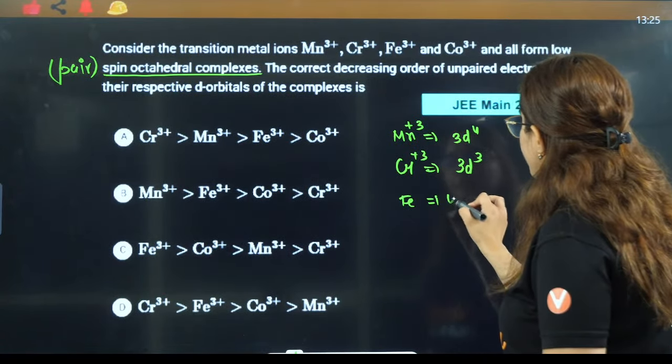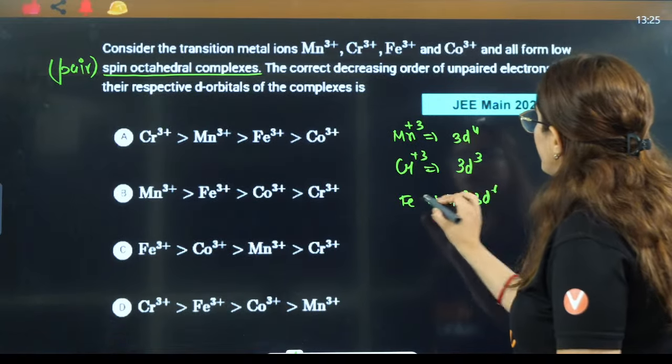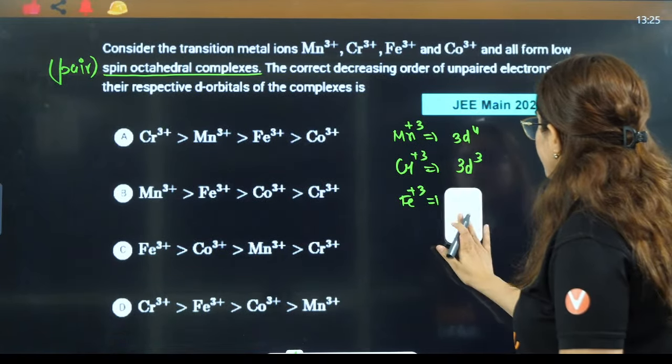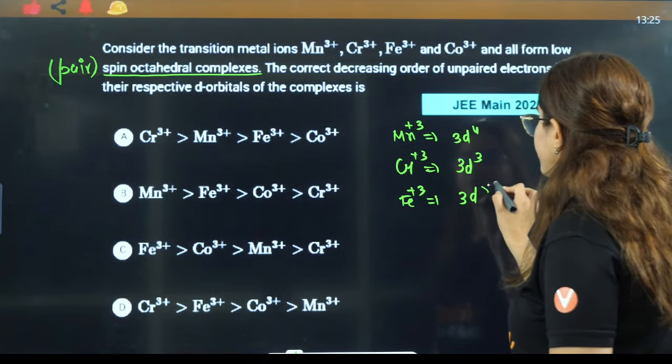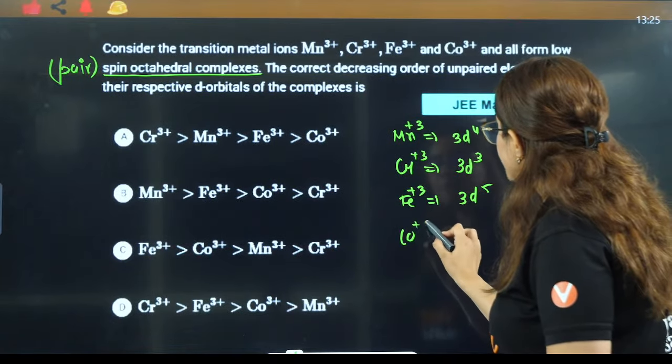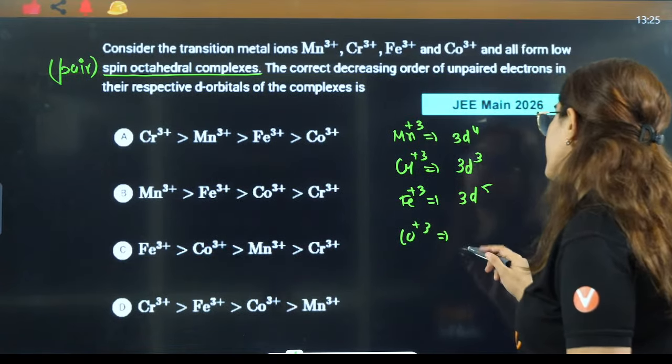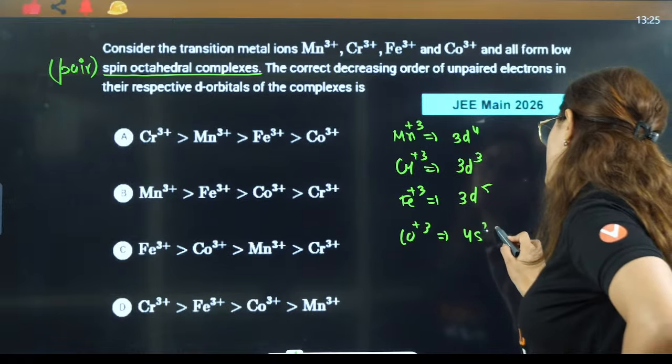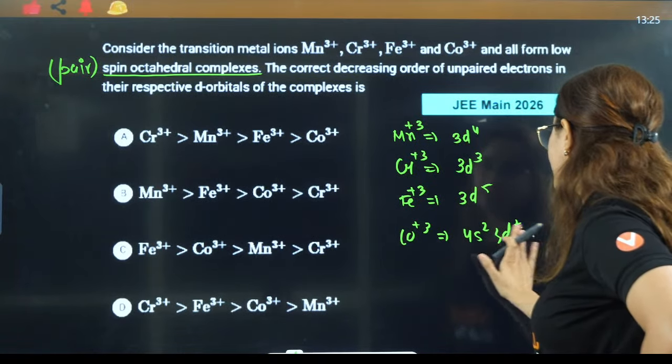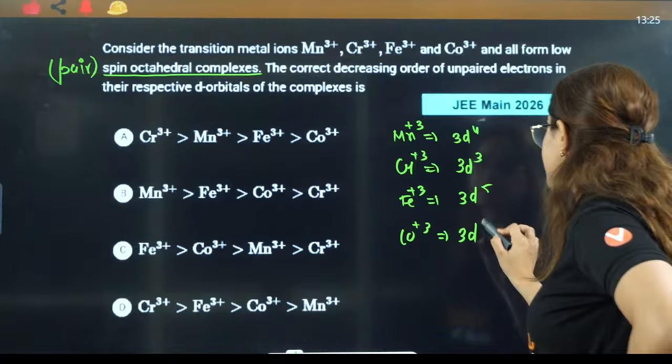Iron is 4s2 3d6; you take out 3 electrons, it becomes 3d5. Cobalt plus 3 is from 4s2 3d7; you take out 3 electrons, it becomes 3d6.